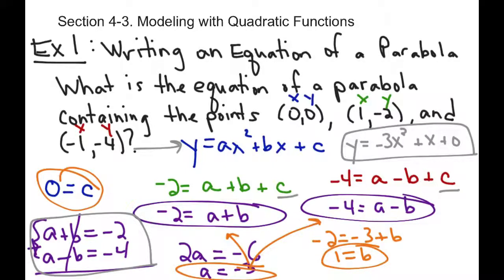One of the easiest ways of solving a system of equations is something called elimination, where you add the 2 equations together and one of the variables eliminates. Since the b is eliminated, I found out a was equal to negative 3. And once I found out that a was negative 3 and c was 0, it didn't matter which equation I plugged back into to find out what b was. So I picked this equation here and found out that b was 1. Then I plugged a, b, and c back into the original standard form.